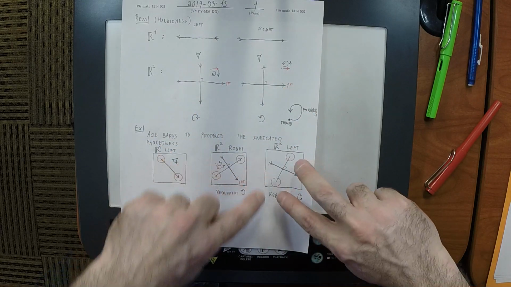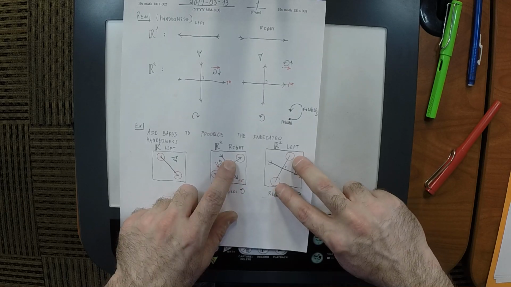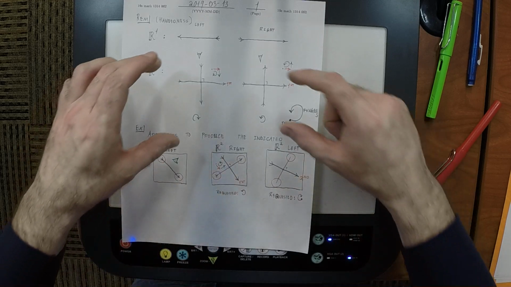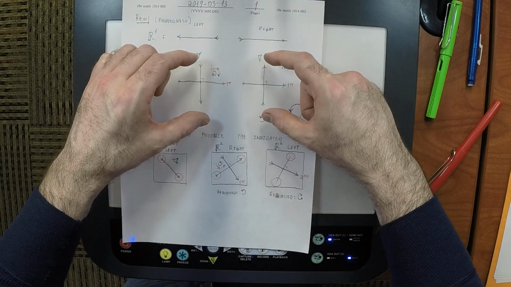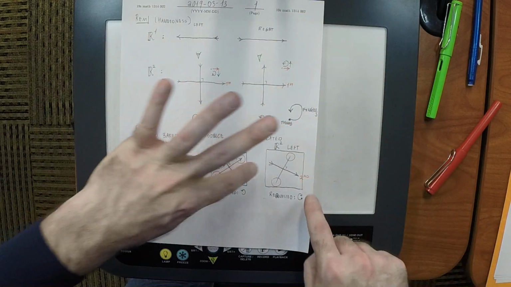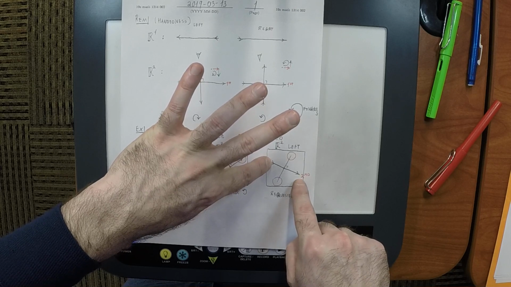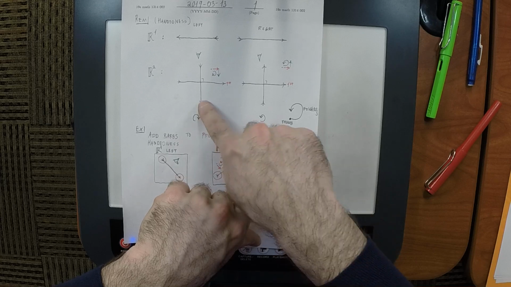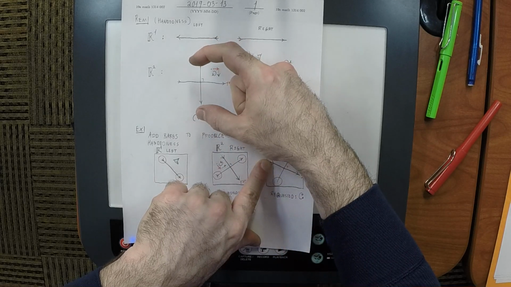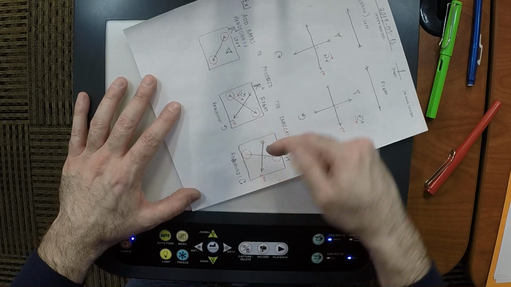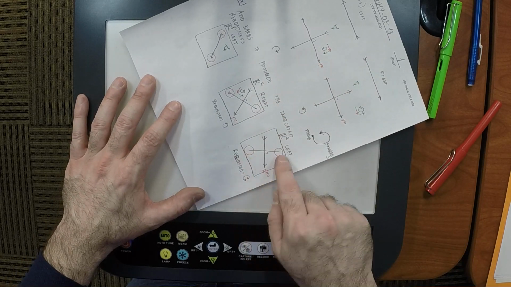So what we're looking for is to make this left-handed. So now the second axis is going to be vertical. So let's take the second axis and let's make it vertical. And because we want it to be left-handed, let's make it like that, because this is what left-handed would be. So now we're looking at the second axis and it's pointing down.